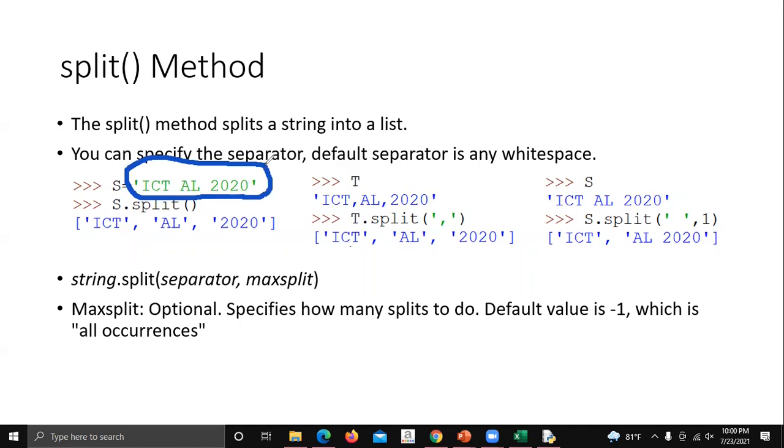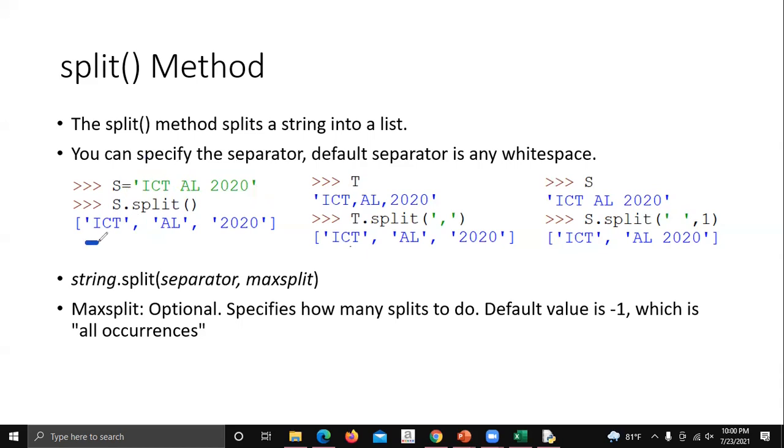I want to split this into words based on the spacing. So based on the spacing, I want to divide this into 3 words. That can be done by the split method. So then you can see it is separated into the 3 words.